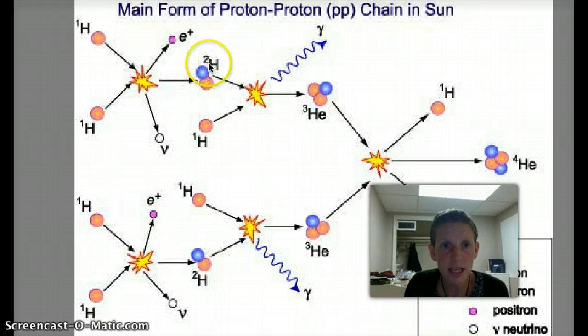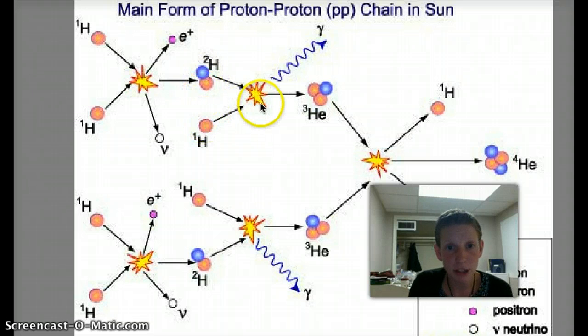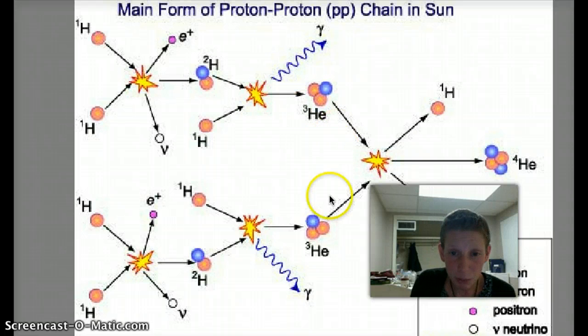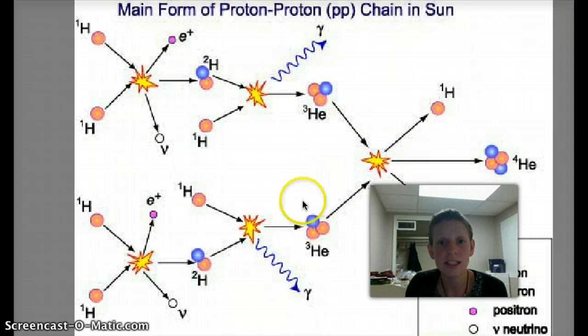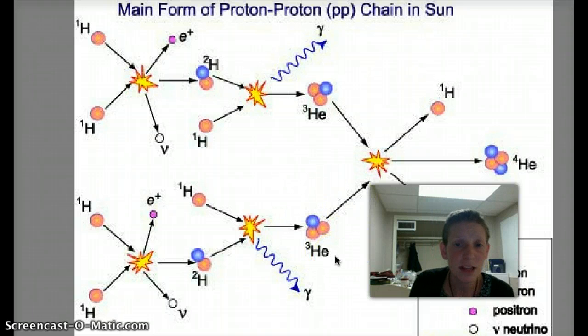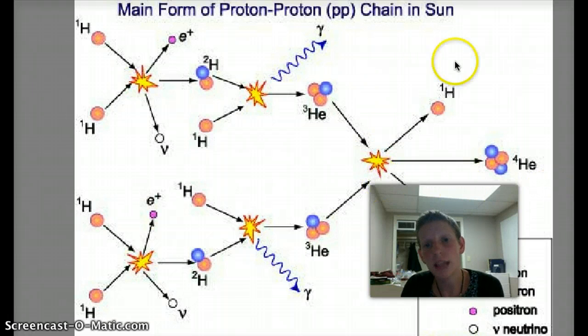And then that special hydrogen with the neutron smacks into a regular hydrogen, and that's where we get this version of helium. That's not quite complete because then that version of helium smacks into another version of that helium, and we release again some energy as well as hydrogen, and we end up with helium.